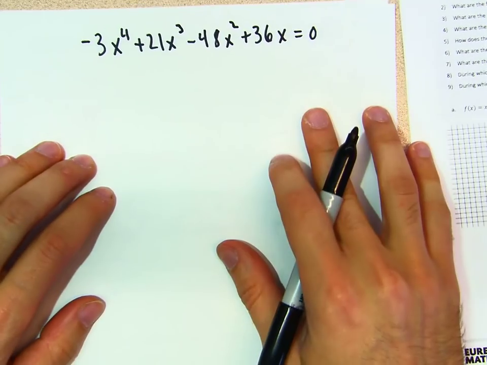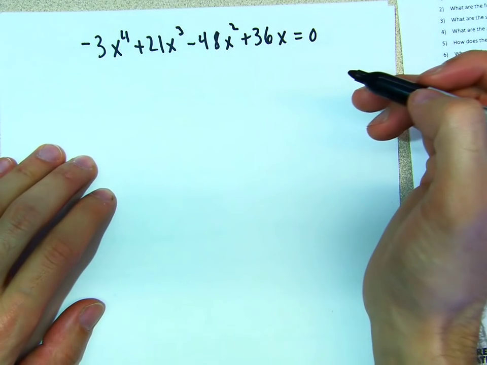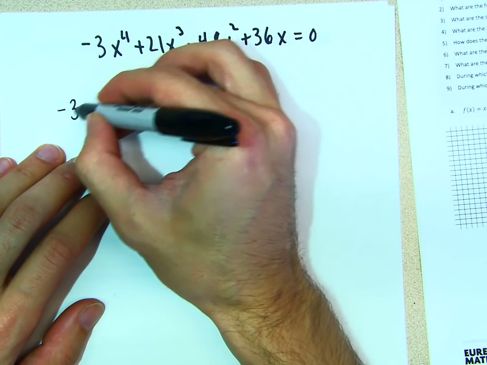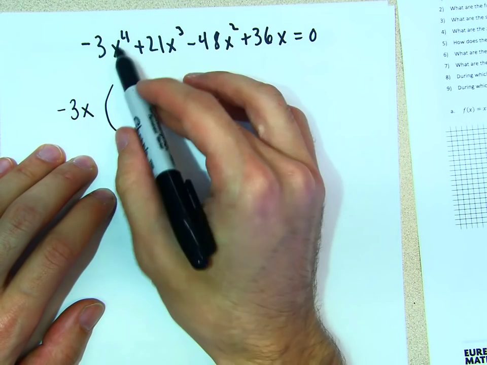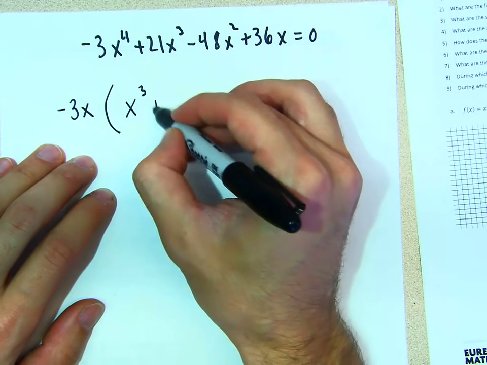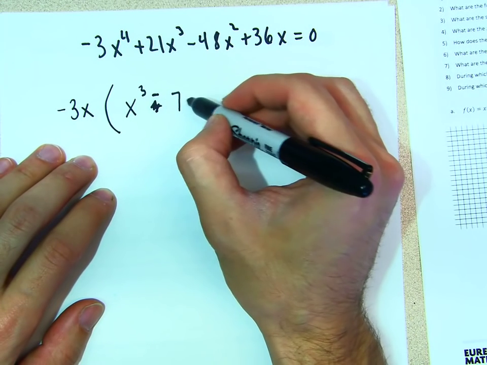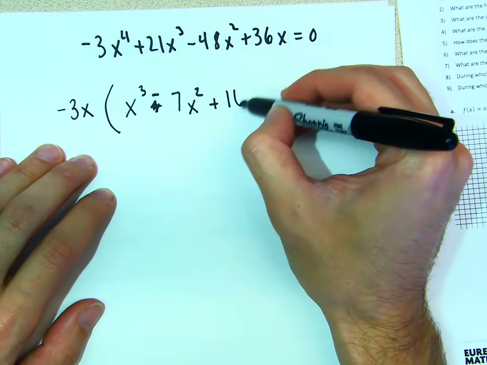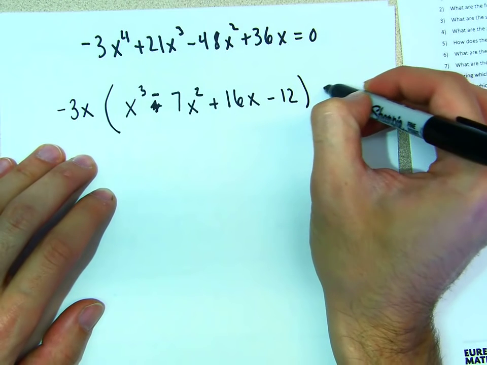Here, let me just organize this real quick. If possible, we factor out the GCF. And what's the GCF here? It would be negative 3x. So if I factor out negative 3x, this becomes x cubed minus 7x squared plus 16x minus 12, equals 0.